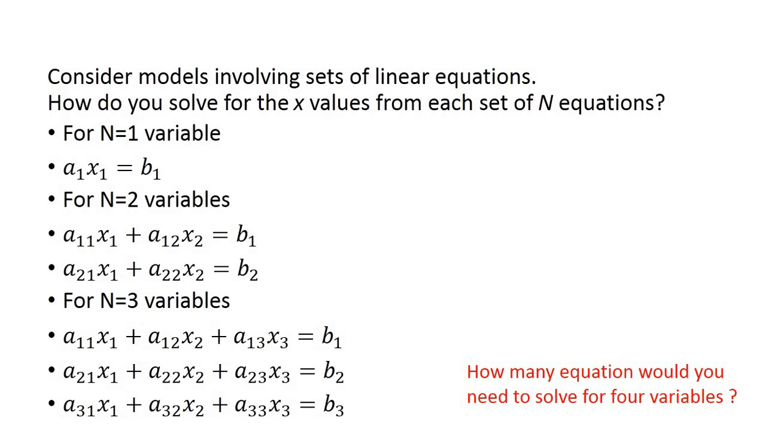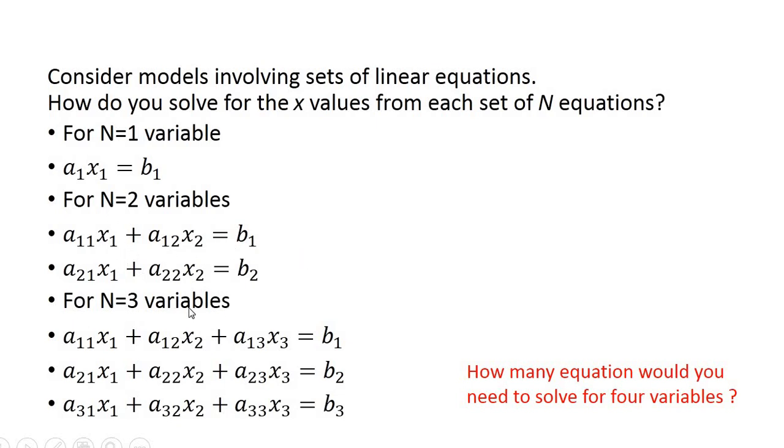So if you consider models involving sets of linear equations, how do you solve for x for each of the n equations? If you have one equation with one variable, you need one equation to solve for that variable. If you have two variables, you need two equations. You can't solve for two variables with one equation.